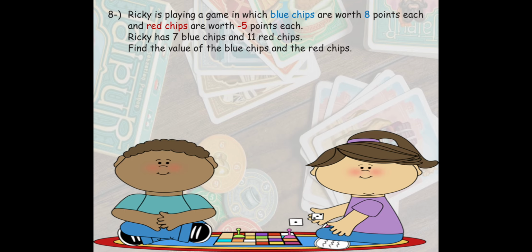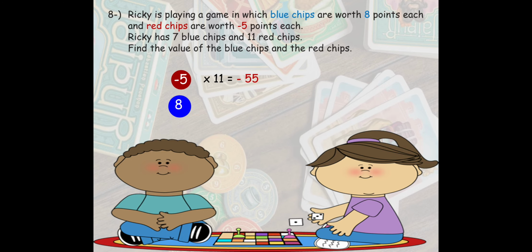Ricky is playing a game in which blue chips are worth 8 points each and red chips are worth -5 points each. Ricky has 7 blue chips and 11 red chips. Find the value of the blue chips and the red chips.